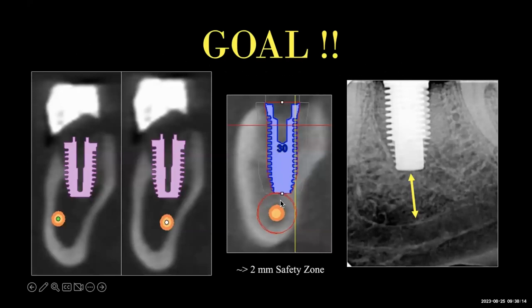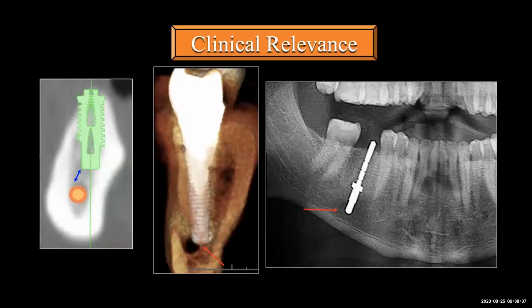There've been cases where implants have been placed close to the canal, and if there's no cortical lining like here, you can actually press or push the trabecular bone down into that neurovascular canal and disrupt those fascicles, which can be problematic. So the best thing is stay away from it.